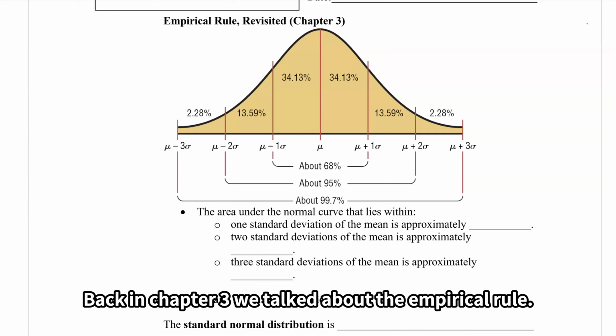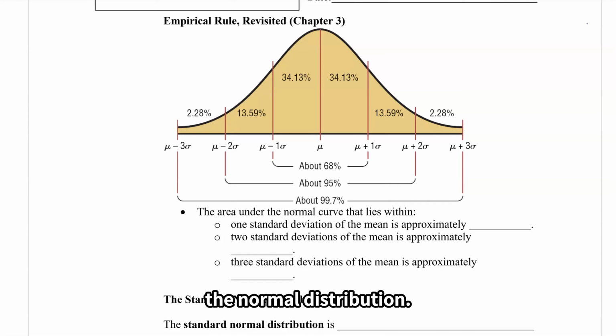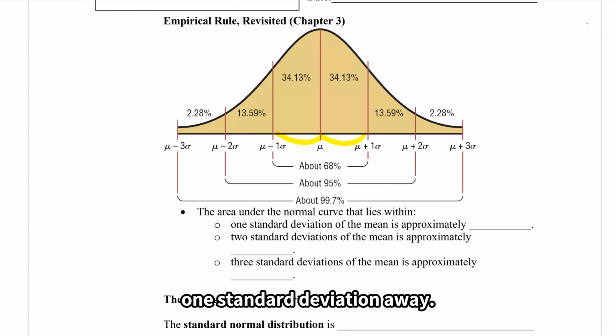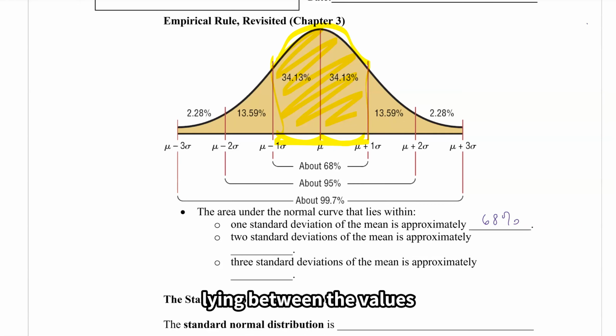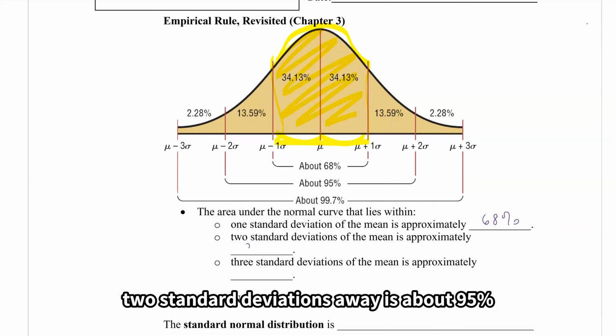Back in chapter 3, we talked about the empirical rule. The empirical rule is coming directly from the normal distribution. If I'm within 1 standard deviation of the mean, there's about 68% of the area lying between the values 1 standard deviation away from the mean. 2 standard deviations away is about 95%.